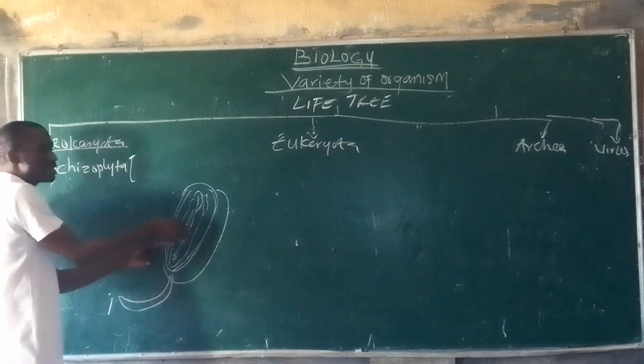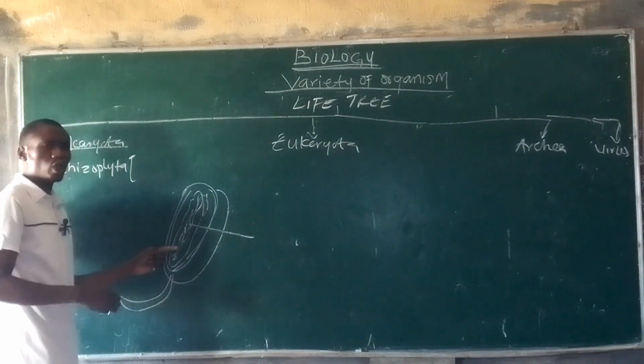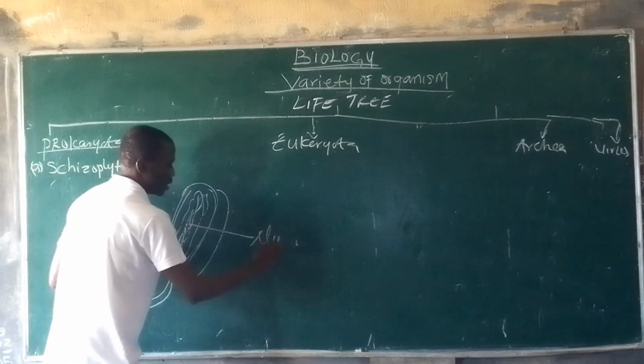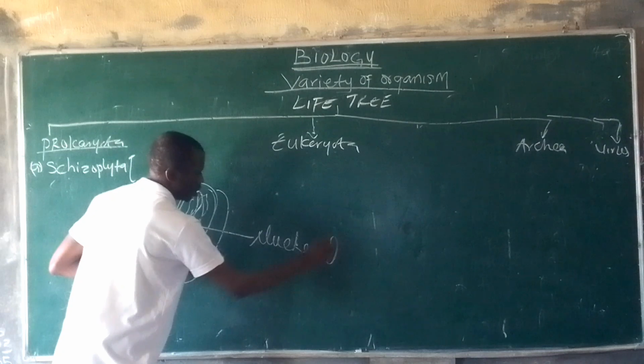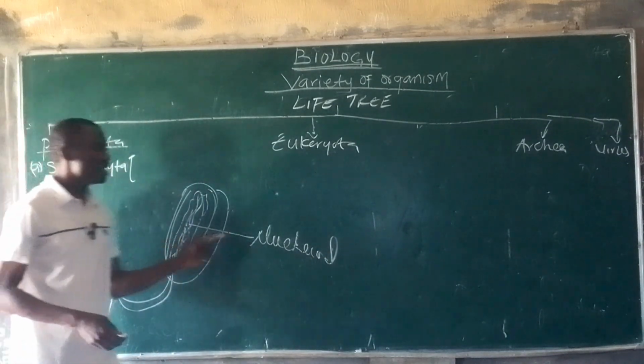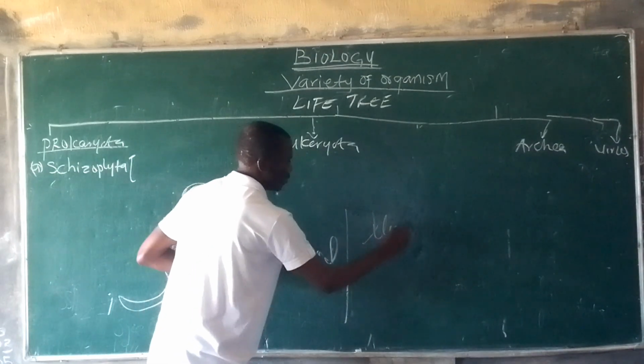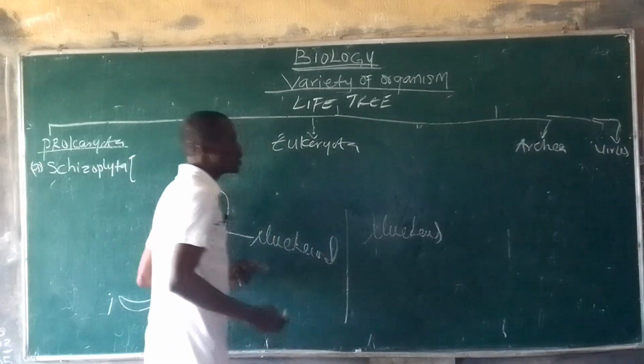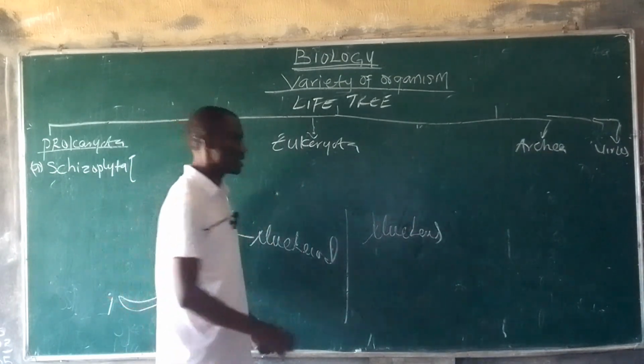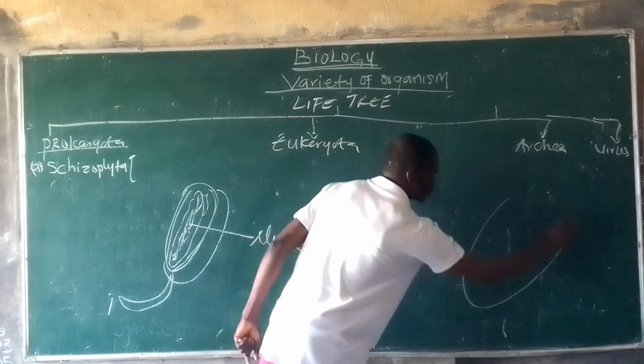See, inside here, it is not called nucleus, it's called nucleoid. Nucleoid is different from nucleus. I'll show you. Now, let's look at a typical animal cell, for instance.